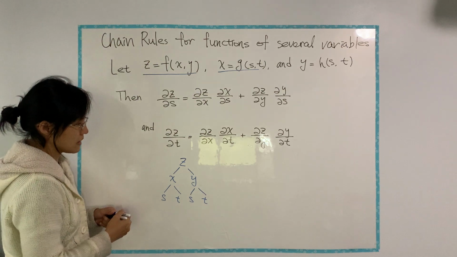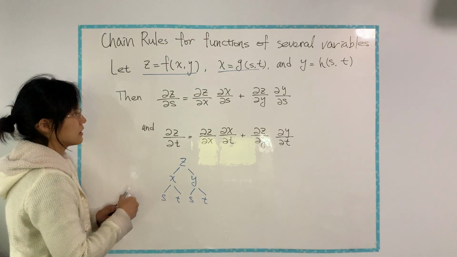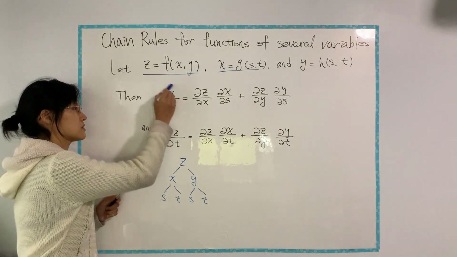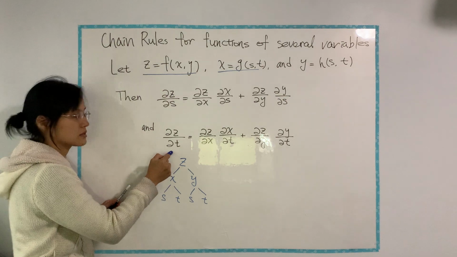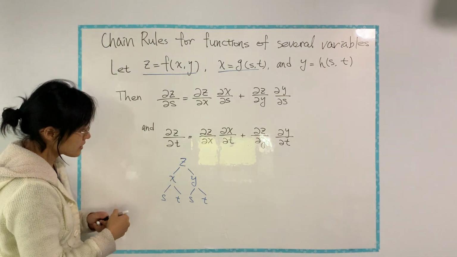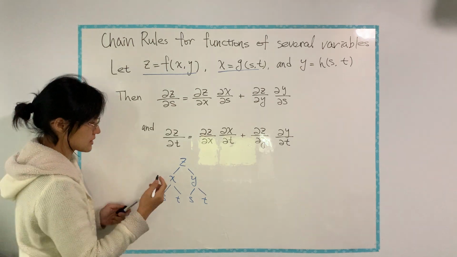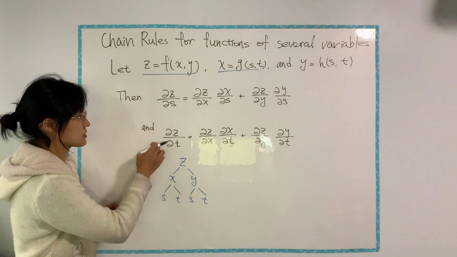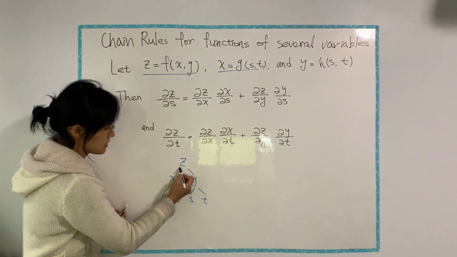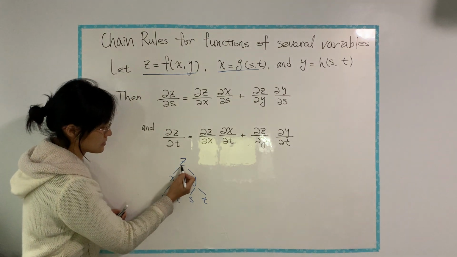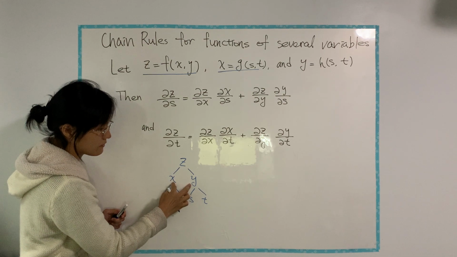Okay, so when I have a function of two variables, then I can talk about dz ds like that. I can talk about dz dt like this. Then we're gonna apply the same concept to help us find the formula for this partial derivative. So this is the stick connecting z and x, because the z has more than one variable.